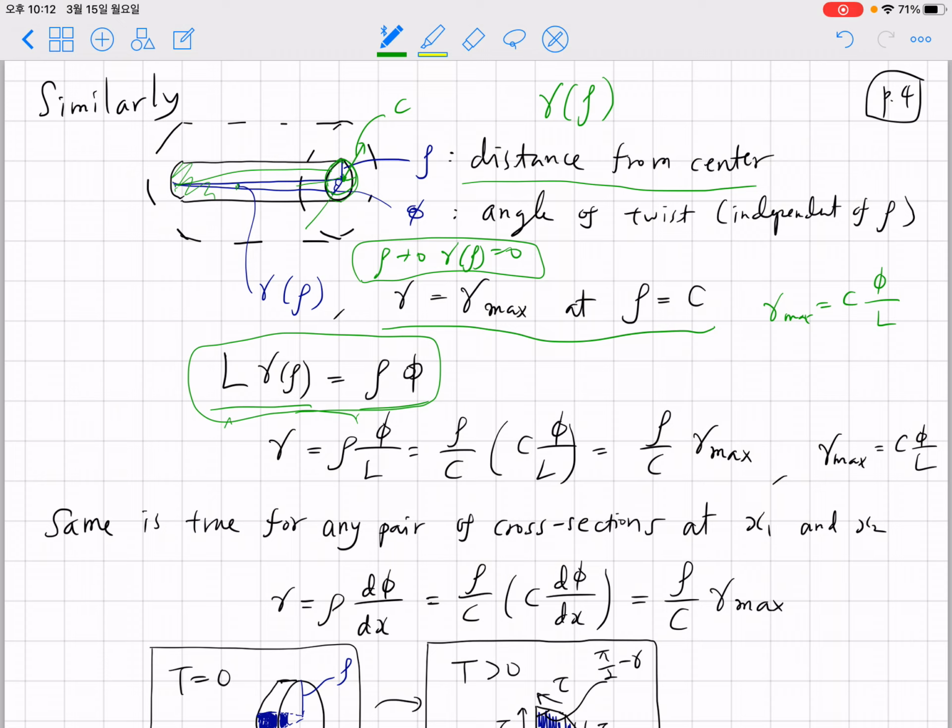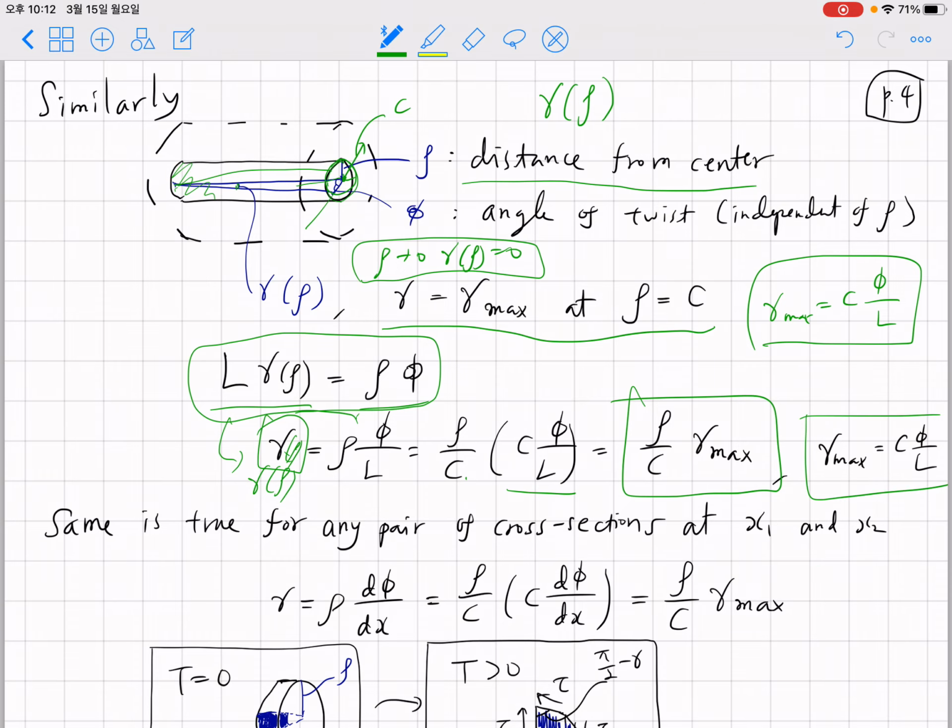If we rewrite gamma as a function of rho, it can be written as rho times phi over L. And if we identify that the maximum gamma is C times phi over L, plug in maximum gamma and get rid of C by dividing by C, then we end up having gamma equals rho over C gamma max. And gamma max turns out to be C times phi over L.